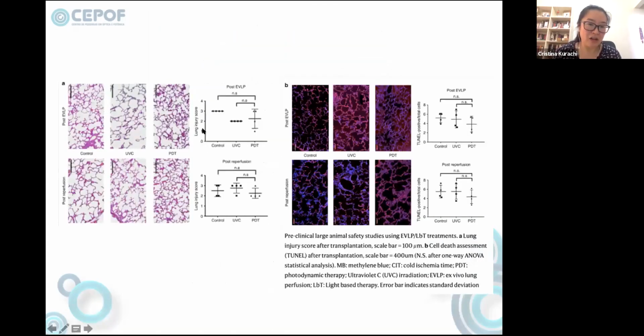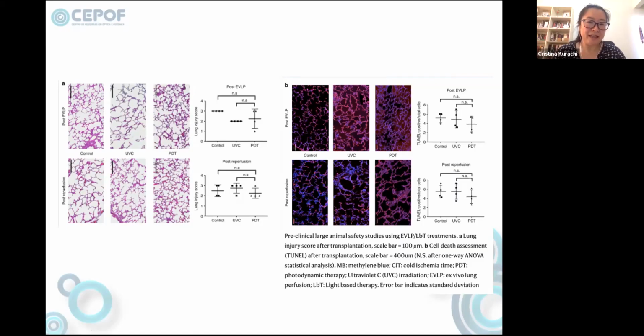Even in the histopathology, when we check the histology slides, there is no difference comparing the lungs, and we even marked some inflammatory cell biomolecules, checking the cytokines to see if there was any difference.